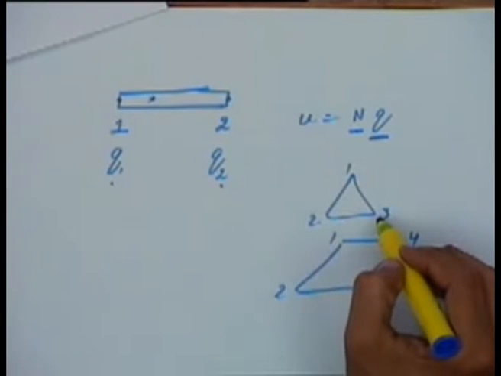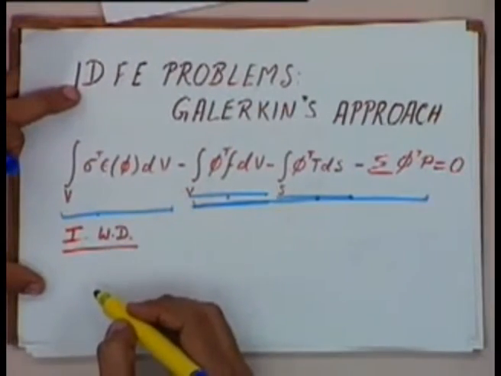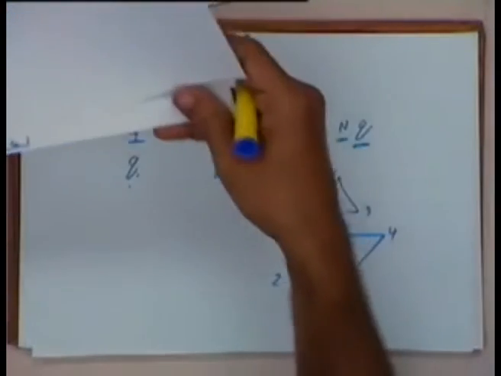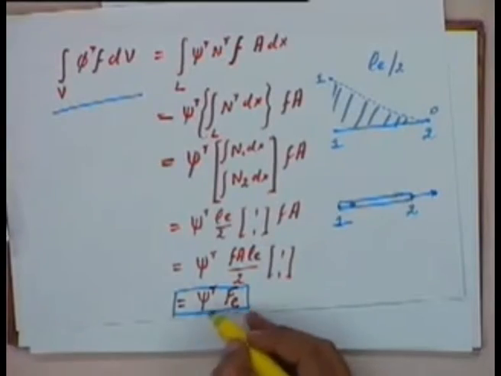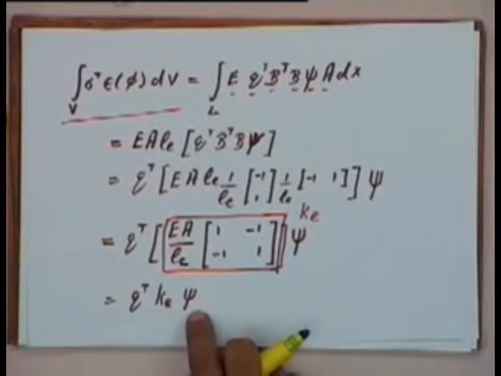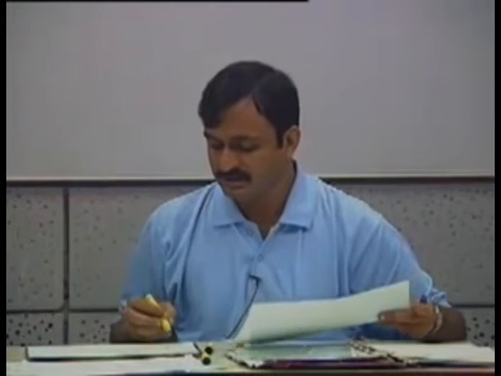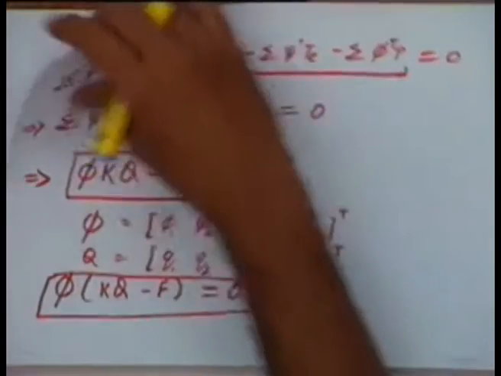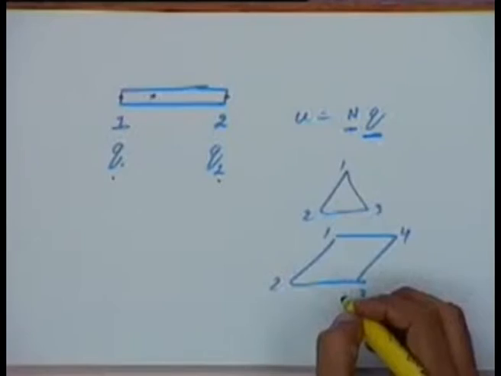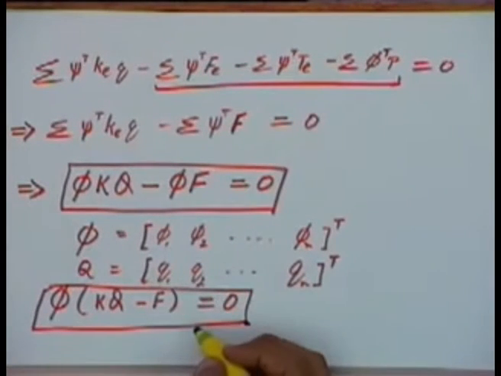We have shape functions for each of these nodes, and using that we will simplify this, and finally the expression that we will get will be the same expressions, psi transpose times Fe, or expressions of this type. The final expression will always be the same, irrespective of the shape of the element we are choosing. Our aim is that the final expression should be the same.